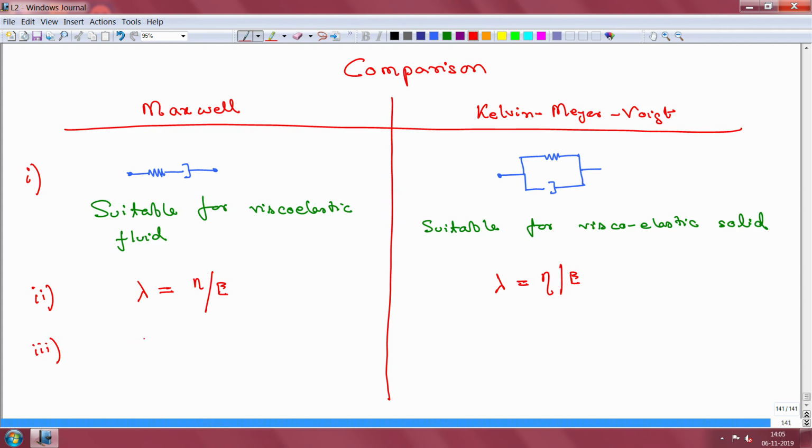In the case of the Maxwell model, the stress relaxation function is an exponentially decaying function, whereas for the case of your Kelvin model, your stress relaxation function was a Dirac delta function plus a constant.